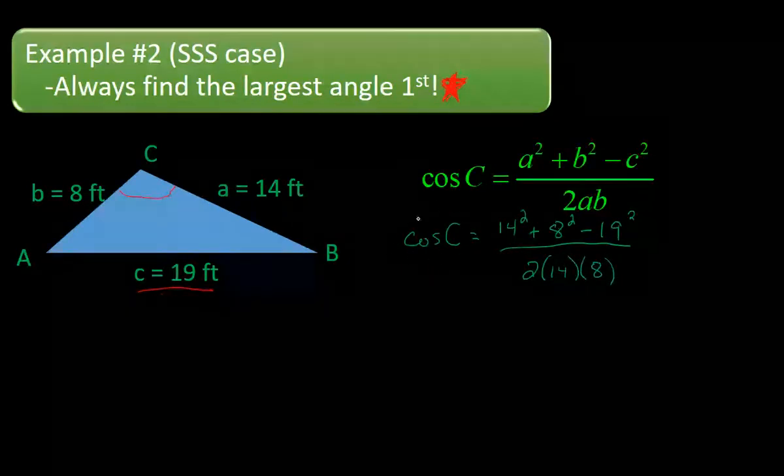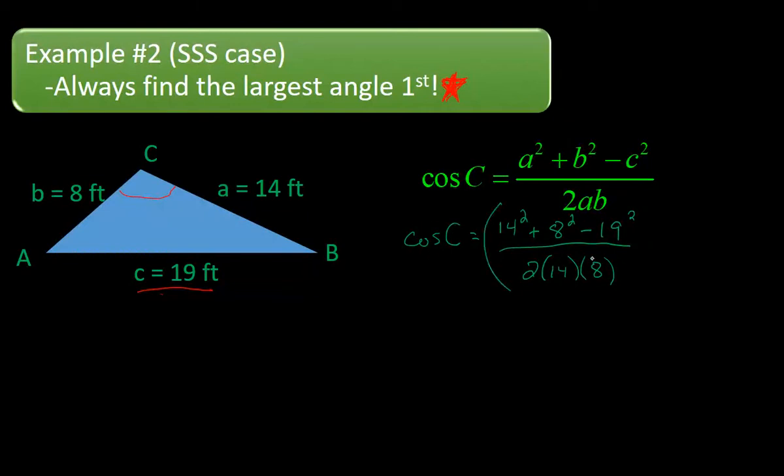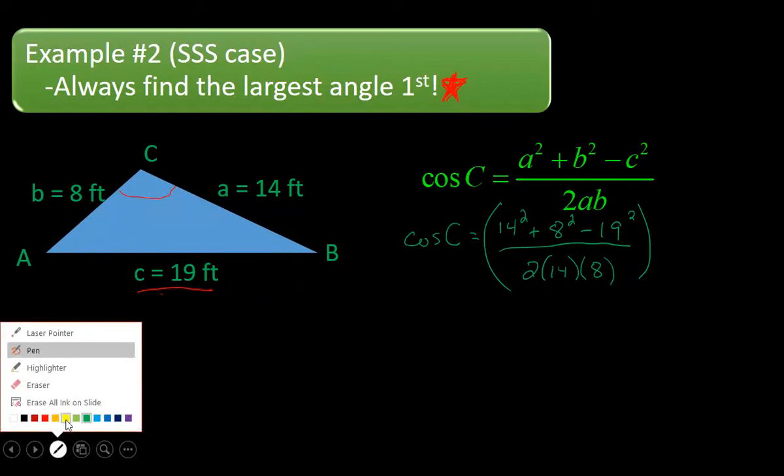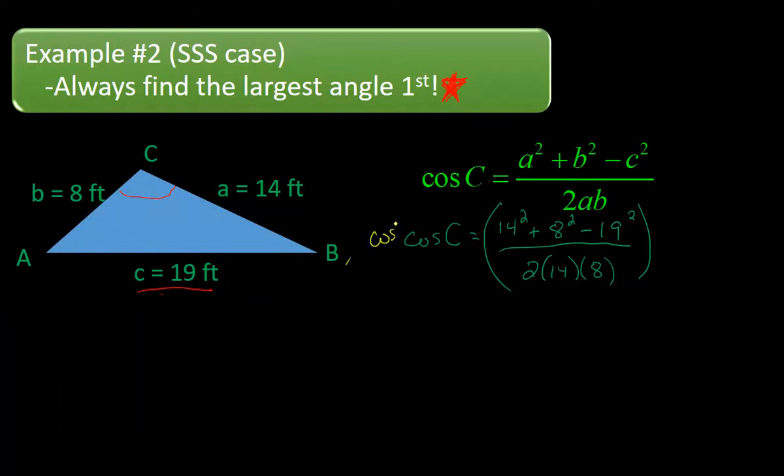And remember that in order to solve for C, I'm going to have to take cosine inverse of both sides, because cosine inverse here will cancel, and cosine inverse now of all of this.